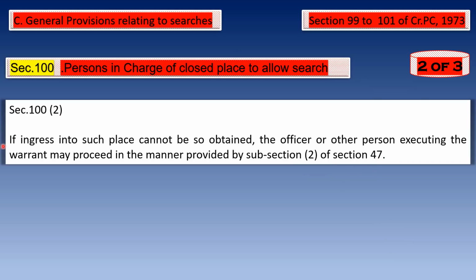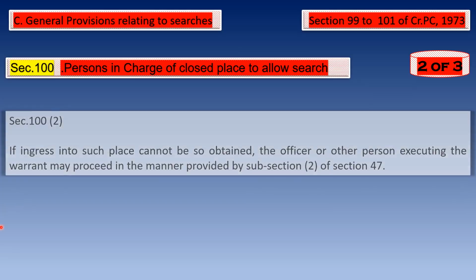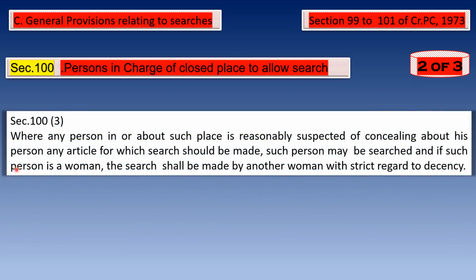Next comes subsection 3 of section 100 of Criminal Procedure Code 1973, where any person in or about such place is reasonably suspected of concealing about his person any article for which search should be made. Such person may be searched, and if such person is a woman, the search shall be made by another woman with strict regard to decency.